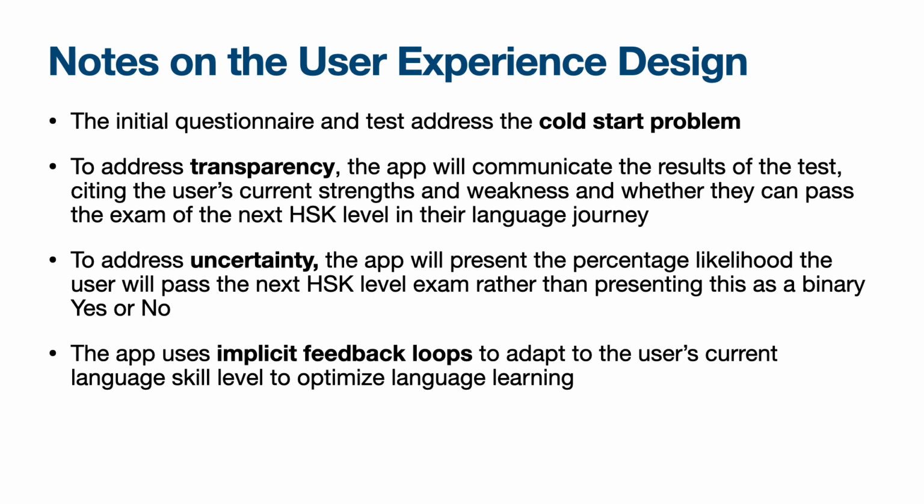To address uncertainty, the app wouldn't say specifically they'll pass a certain HSK level exam or not. They'll say that the user is a certain percentage likely to pass that HSK exam. And this app uses implicit feedback loops to adapt the user's lesson plan to optimize their language learning.